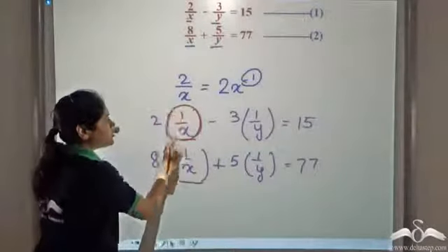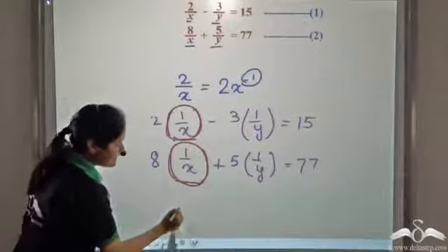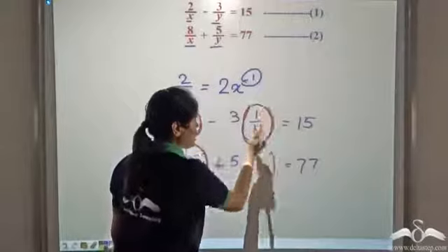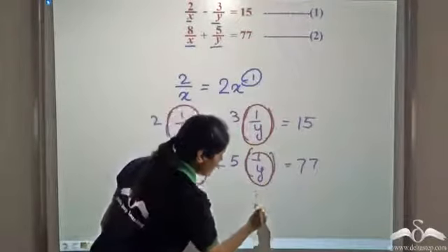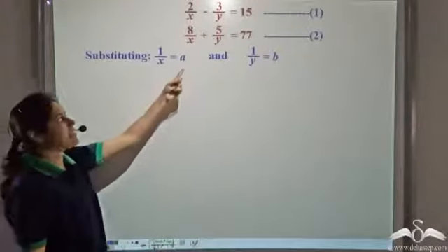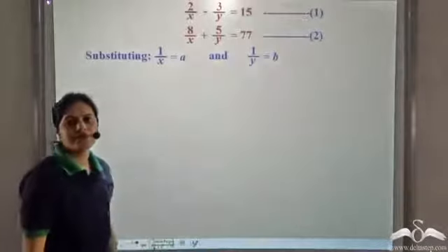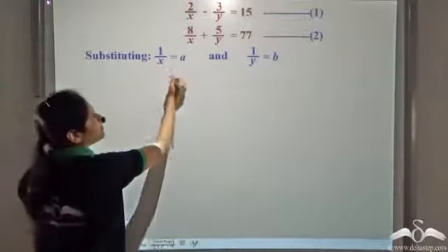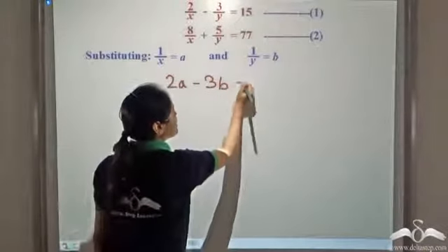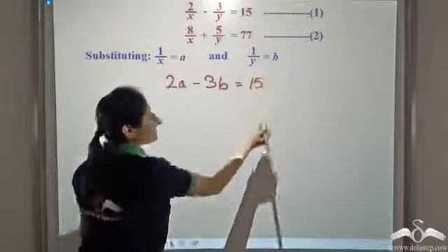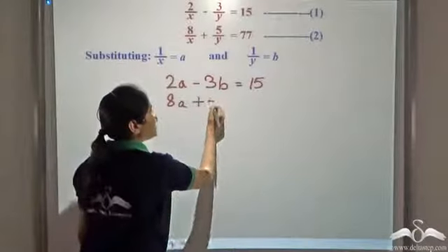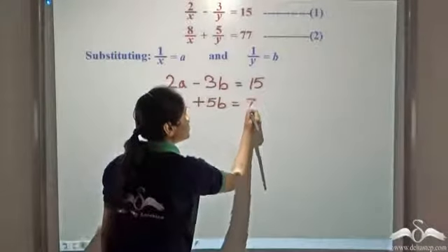If we can substitute 1 by x as a, similarly, in the second term, if we can substitute 1 by y by a variable b, that is, substitute 1 by x as a and 1 by y as b, then the first equation will become 2a minus 3b is equal to 15. And the second equation will become 8a plus 5b is equal to 77.